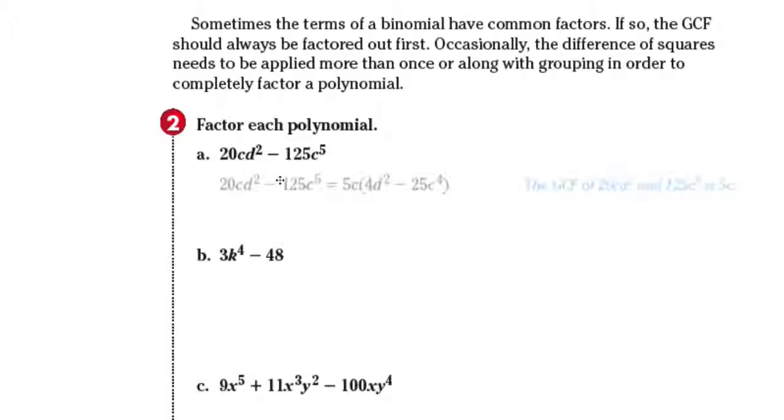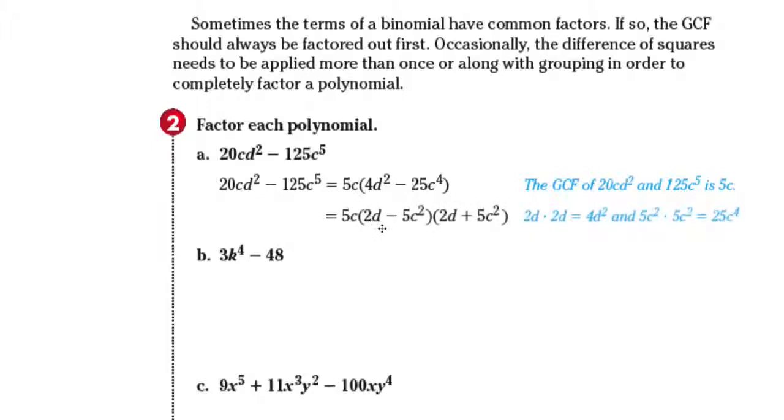First we find the GCF, which is 5c. If we factor out 5c, we're left with 4d squared minus 25c to the 4th. And from there, if you notice, there is a difference of squares here.